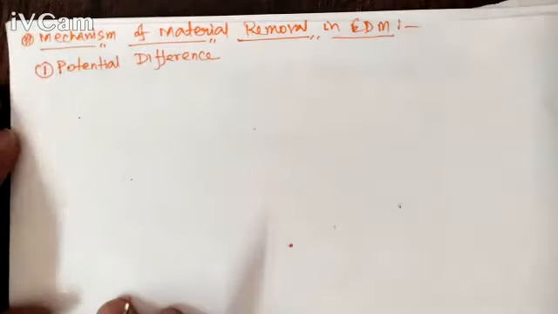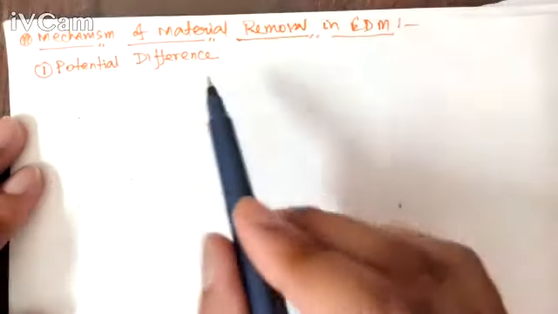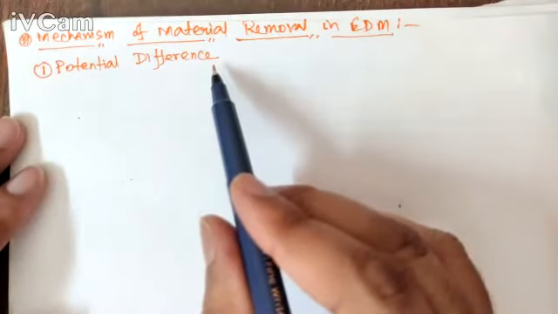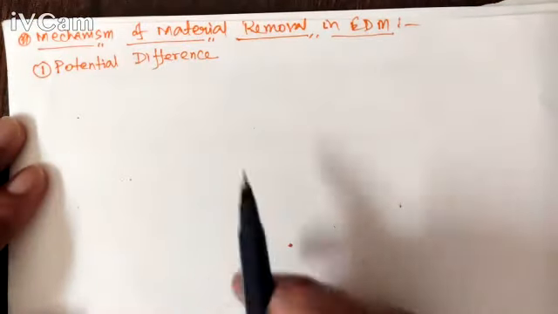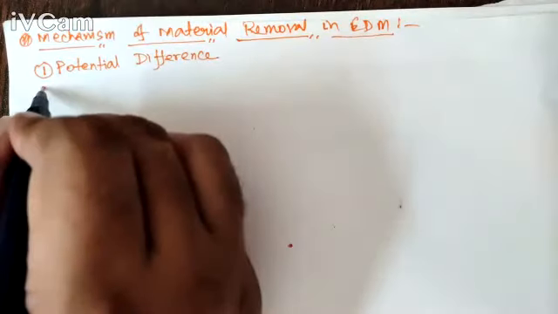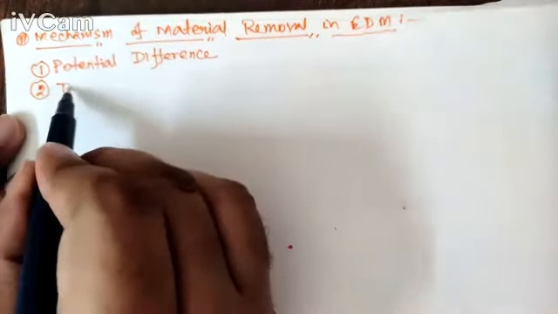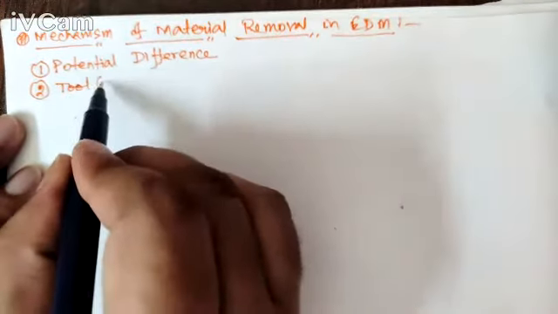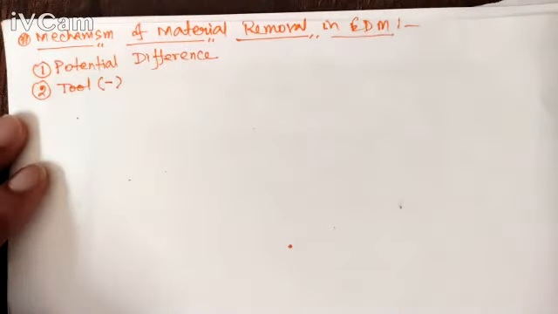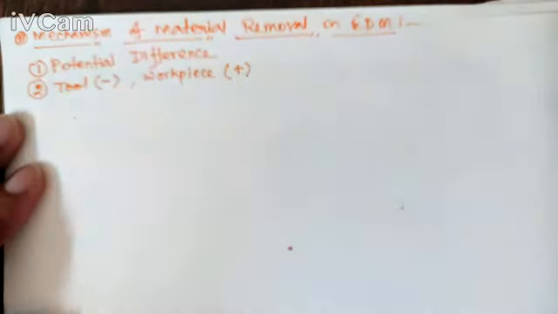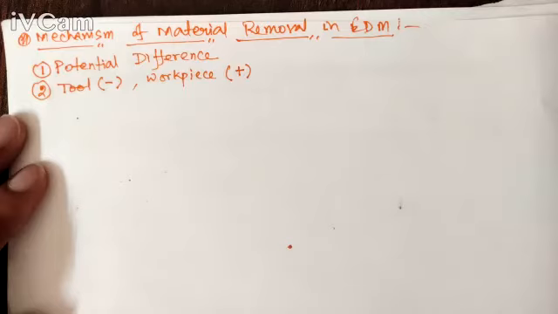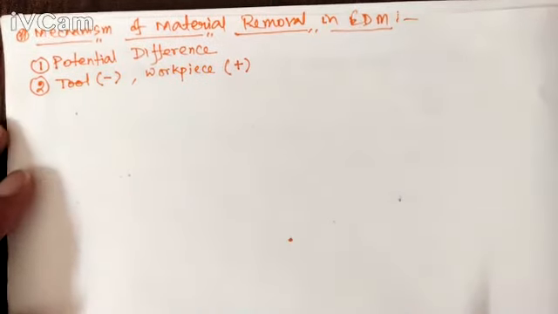Number one thing, we need to create some potential difference. I already discussed it. Number two, I said we need to connect the tool with the negative terminal of the DC power source, and the workpiece with the positive terminal of the DC power source.